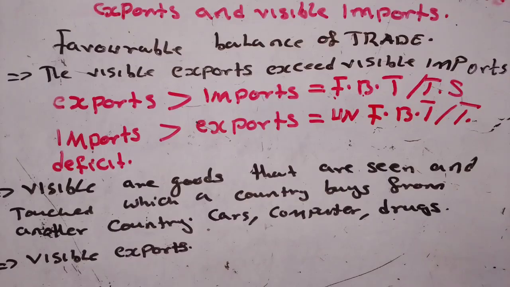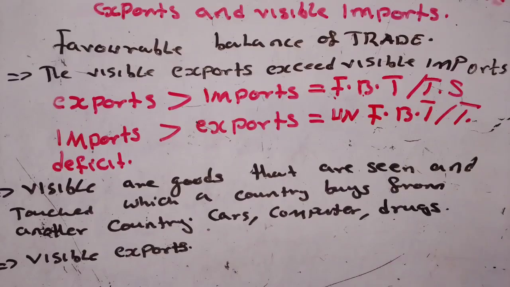So visible exports are goods that are seen and touched, which a country sells. So you see the difference: imports are bought, whilst exports are sold.